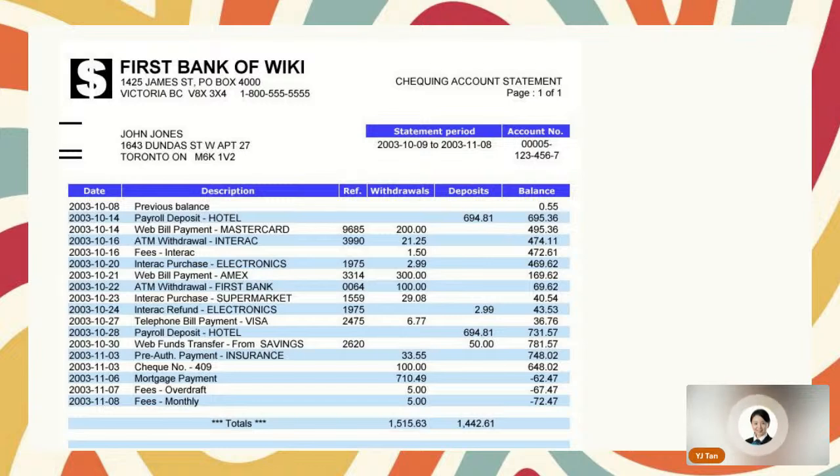So this is just to allow you to have a look at how these bank statements look.